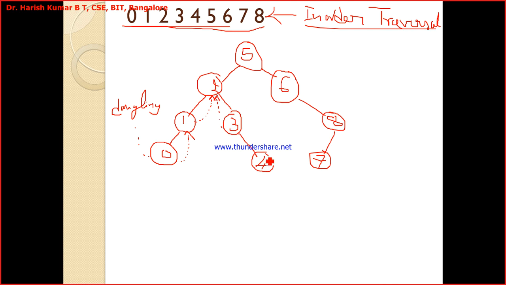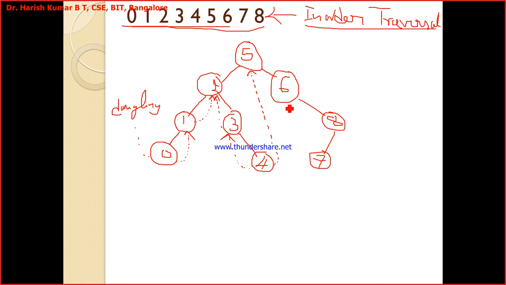Sorry, let me complete with the node 4. Node 4 also doesn't have the left and the right child. So 4's previous is 3, and 4's next is 5. Now from here a thread to the root node 5. And 6, if I take, there is a right subtree but there is no left subtree.